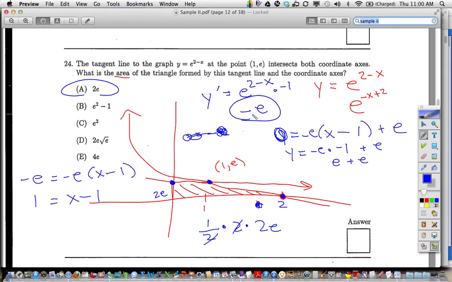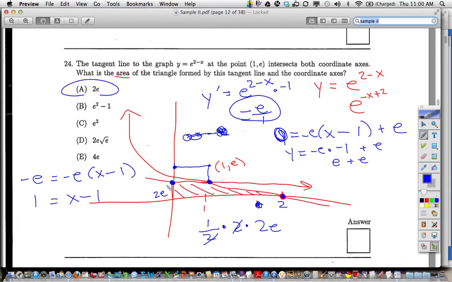Since the slope was negative e over 1, that's like rise over run. Everybody hear what he's saying? So since this is the point 1, e, if he goes up e over 1, it'd be left 1, right? Because that would be negative. Well, my picture's terrible here.